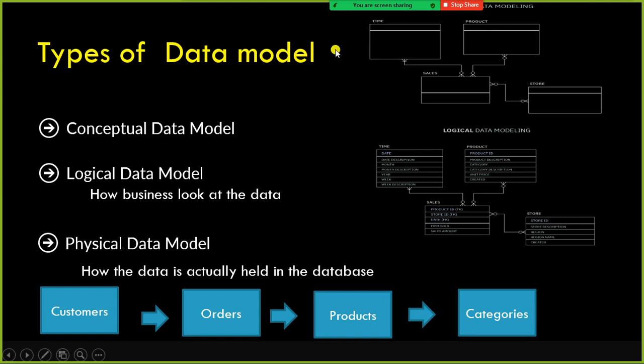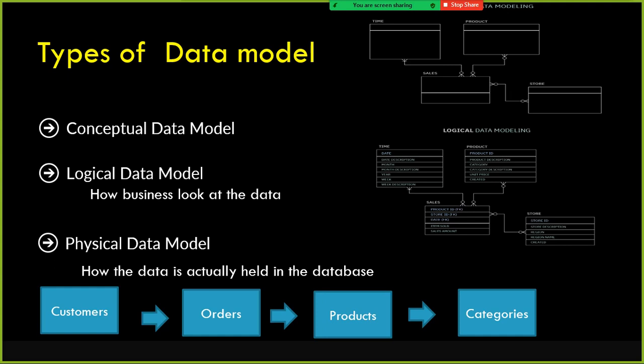So as part of the conceptual data model, we identify the essential entities that form part of your subject area. So now the question is, how do I identify the essential entities? How do I identify the relationship between them? So what you do is you conduct a workshop with the different line of business managers, different departments. You hold a meeting, you involve all the key stakeholders, manager level and above, and also the clerical level, right?